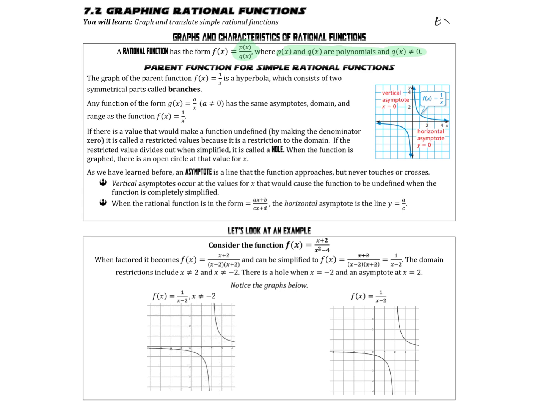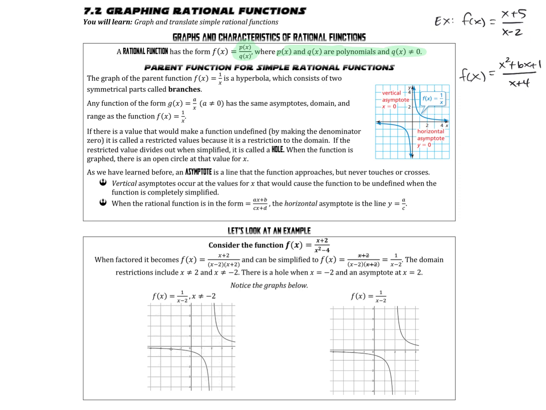So an example of a rational function would be something like x plus 5 over x minus 2. Or something like x squared plus 6x plus 1 over x plus 4. Those are examples of rational functions. So polynomial over polynomial, that's what we're talking about.